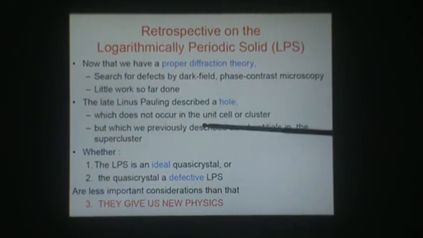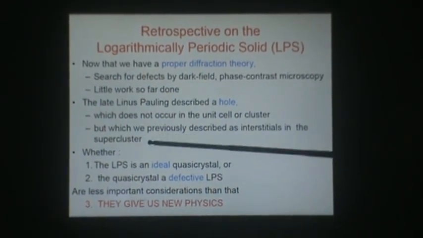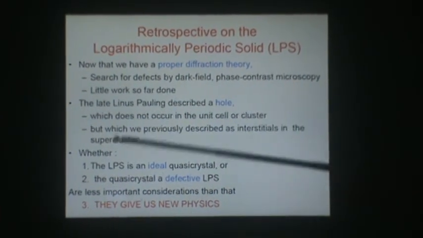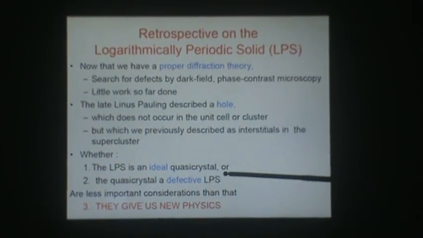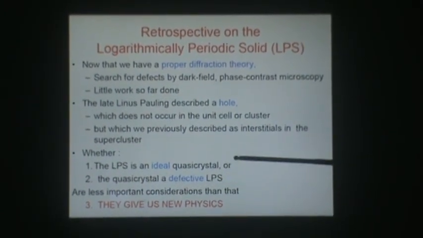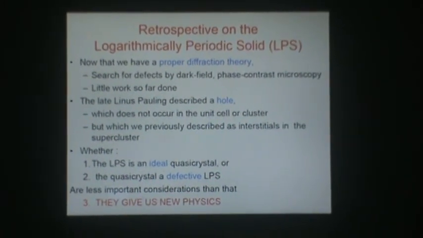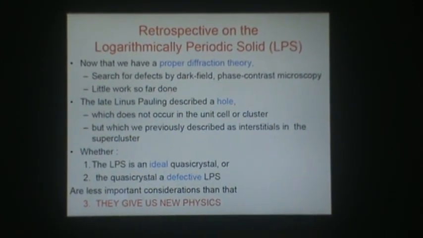It does not occur in the unit cell or the cluster, but which we previously described as interstitials in the supercluster. Now, the important point is this. Whether the LPS is an ideal quasi-crystal, or whether the quasi-crystal is a defective LPS, are two considerations that are less important than the simple fact that they give us new physics.